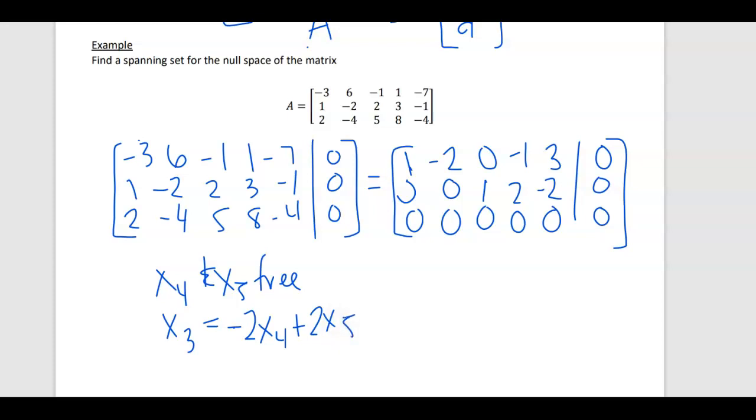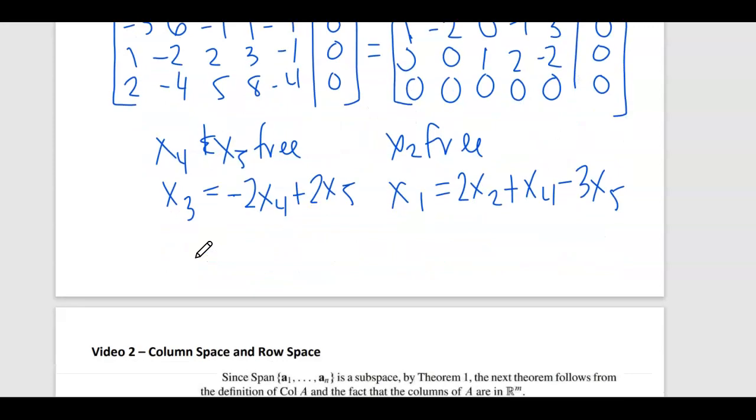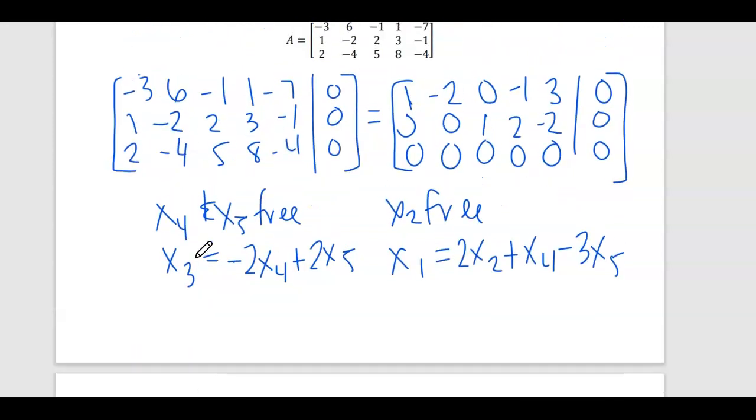It also must be true that x2 is free, and that means that x1 must be 2x2 plus x4 minus 3x5. So let's write this as a spanning set. So x must be equal to, here's x1, that should be a 4. Hold on one second.